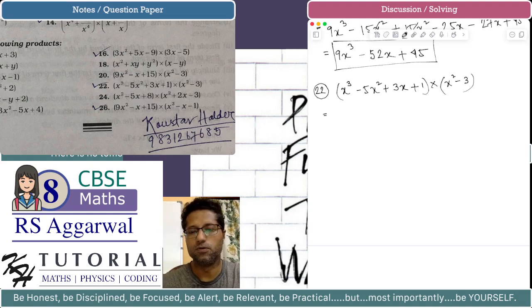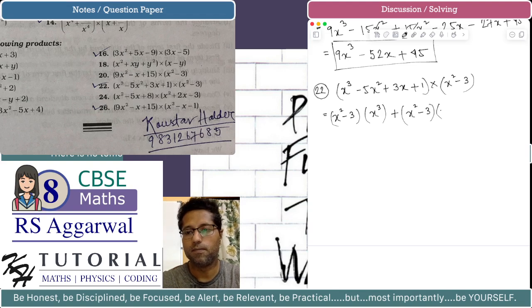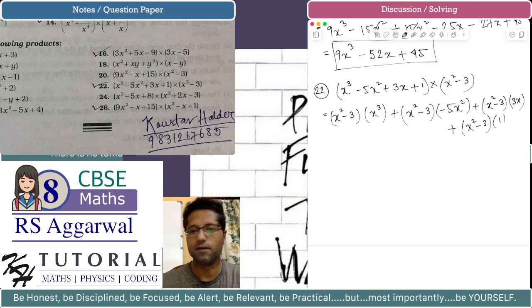So this will be equal to x square minus 3 multiplied by x cube, and then we have plus x square minus 3 multiplied by minus 5x square, and then we have x square minus 3 multiplied by 3x, and then finally we have x square minus 3 multiplied by 1.